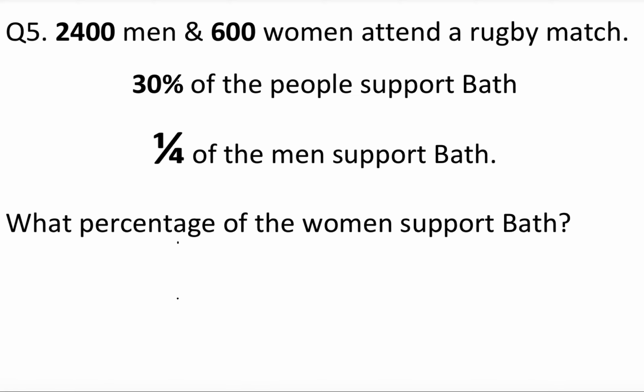So I'm going to write that down here. Total people. Actually, let's rub that out. That's not good. We'll write it down the bottom where we've got a bit more space. I think that's what we need to do. So let's go down the bottom.